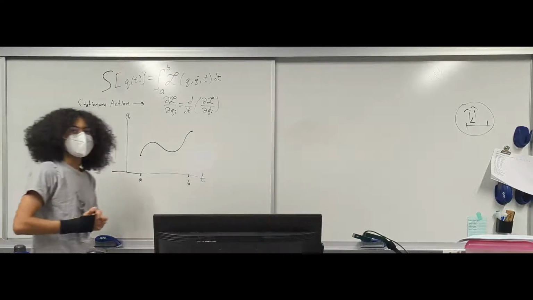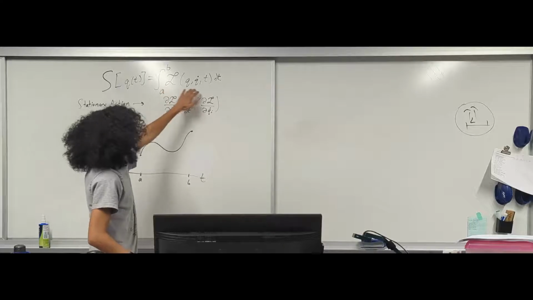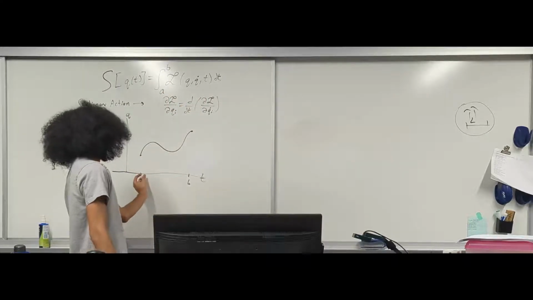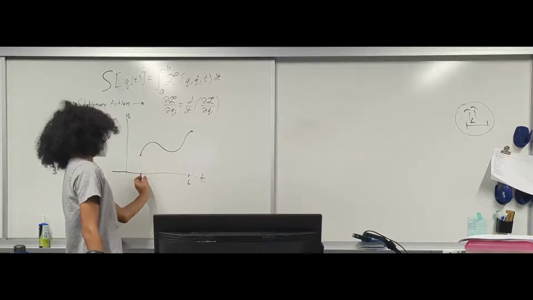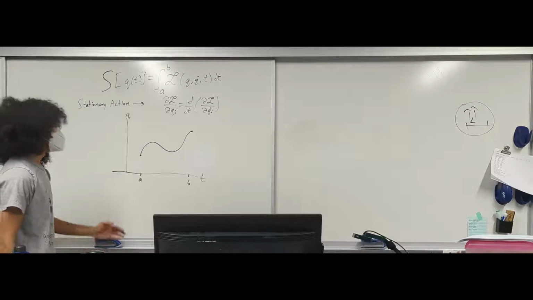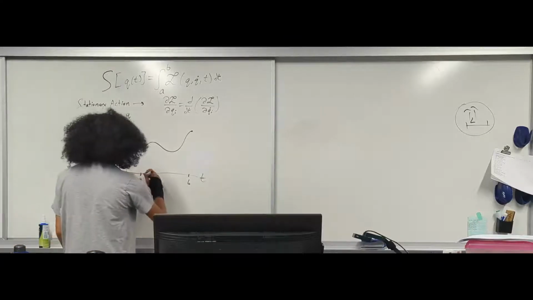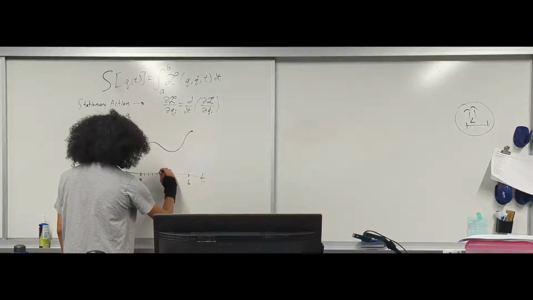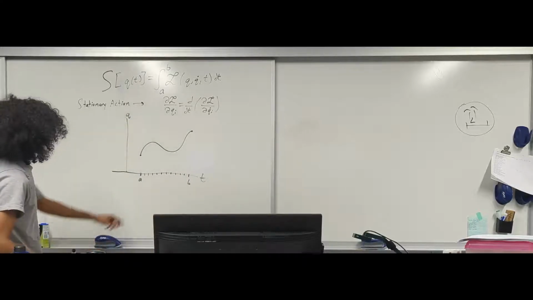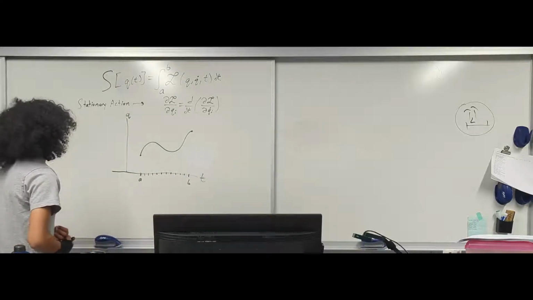And what a Riemann sum of this integral would look like is breaking the interval up into little discrete chunks. So let's do that. Something like this.